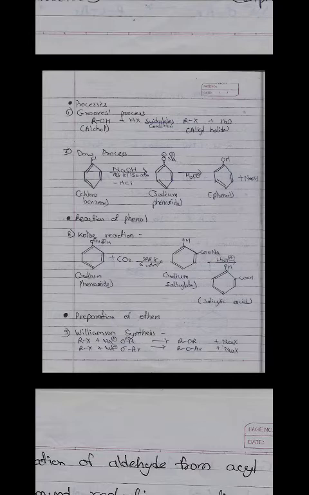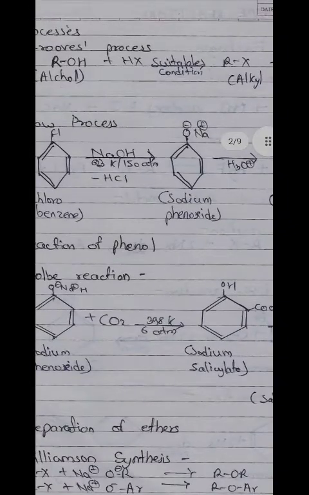Seventh is Dow's process. In this, chlorobenzene in the presence of NaOH at 623 Kelvin and 150 atm pressure forms sodium phenoxide.